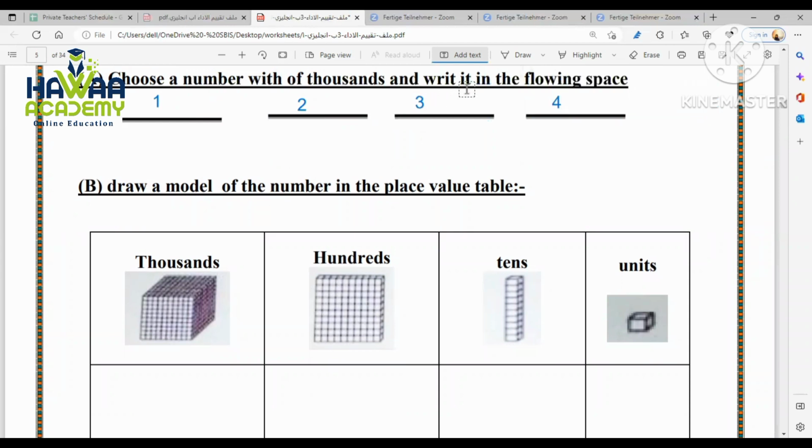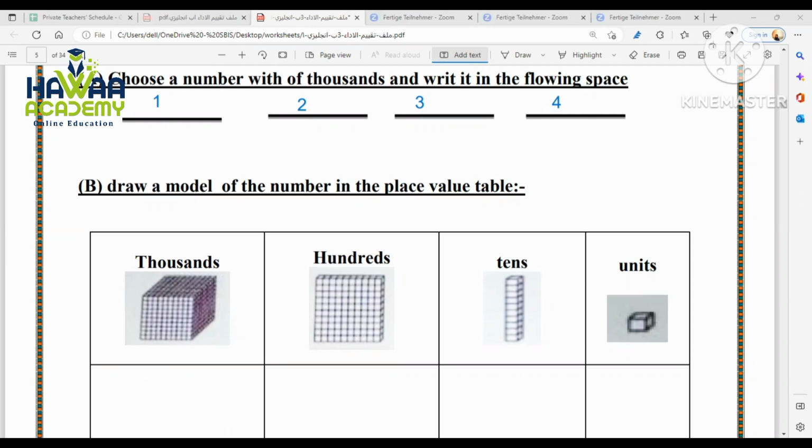Let's draw it. Here we go. So we're going to start with the thousands part. We're going to make it like that. We just want to draw it.